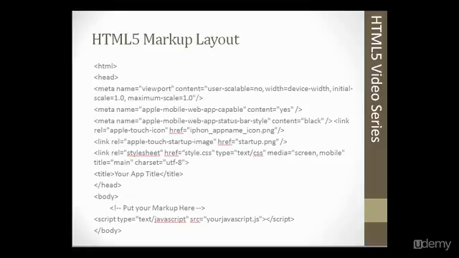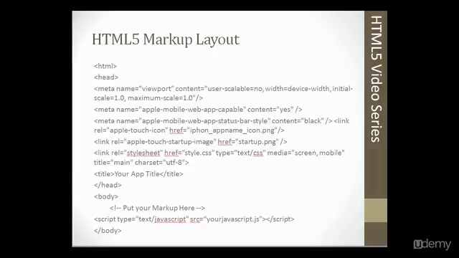Now, like I said earlier, I'm not going to go deep into the code because there are so many different things to explain, and it wouldn't go along with the scope of this series. But this would be an example of the basic HTML5 layout of a hybrid HTML5 Apple iPhone app.